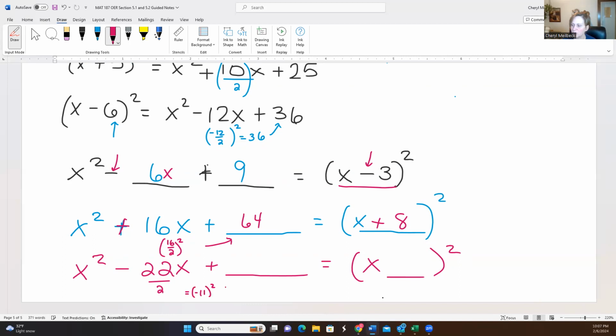And a negative 11 squared is the 121 that goes here. And the negative 11 is the number that goes in our binomial. That's how these perfect square trinomials work, and it's advantageous to be able to recognize that pattern as we look at completing the square. So let's go back to our notes.